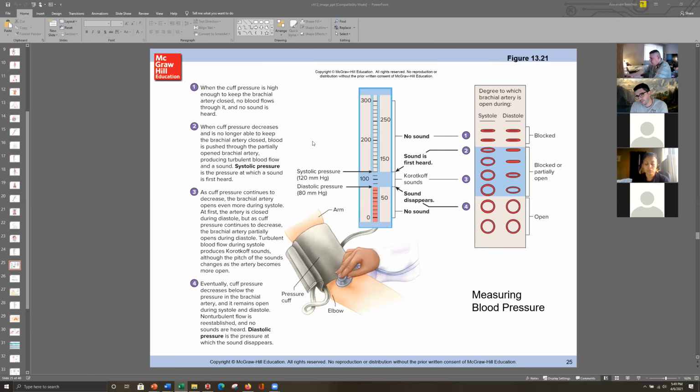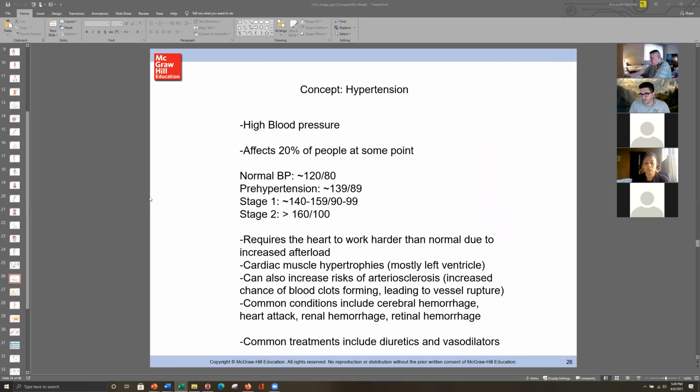So these values tend to vary in terms of what healthy blood pressure is. But in general, as long as you're around 110 to 120 over 70 to 80, you're pretty good, right? There's a very common heart condition called hypertension that affects most people in the United States.